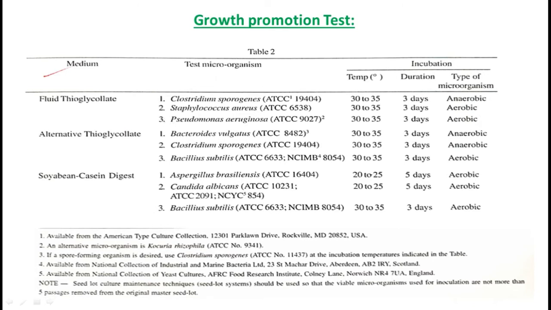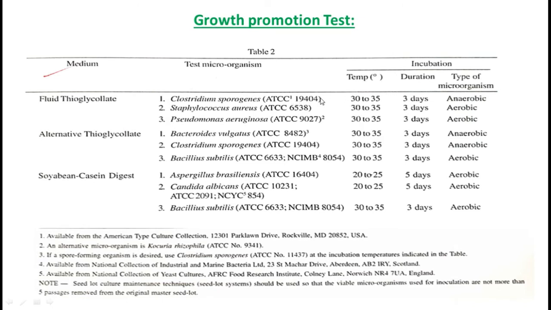To perform this growth promotion test, the particular culture medium, which is autoclaved, is inoculated with a small number of the particular microorganism, that is not more than 100 colony forming units, and then this inoculated medium is incubated at the conditions specified here.